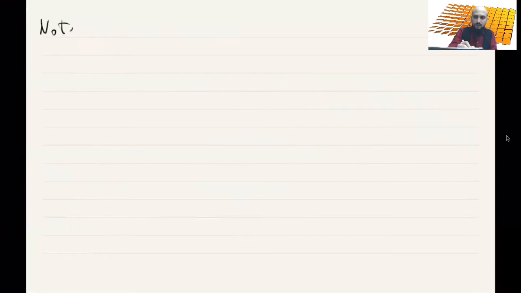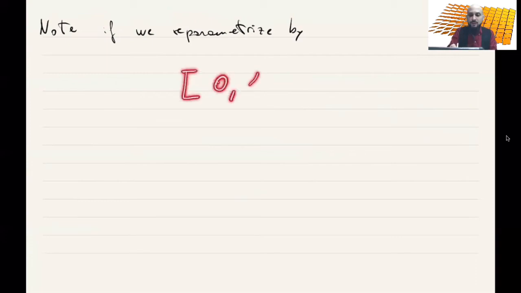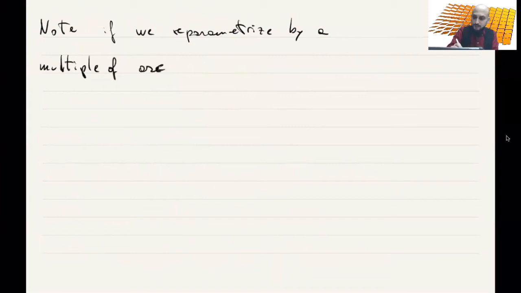So a small note is that we can always choose a reparameterization by arc length, but I would really like to keep the domain of definition to be the interval [0,1]. So unless the length is exactly 1, I cannot choose parameterization by arc length, but I can choose a multiple of arc length.